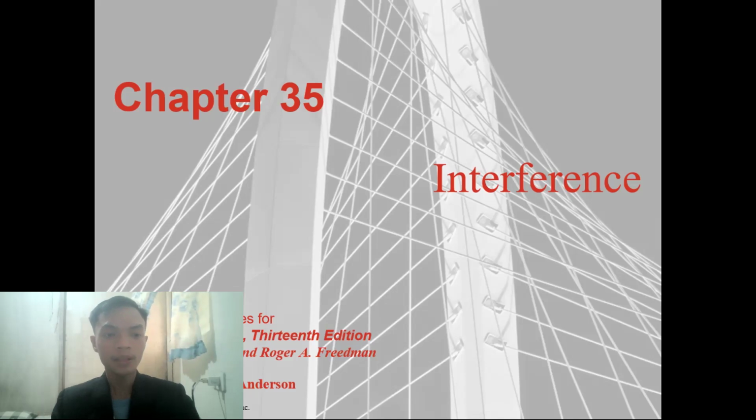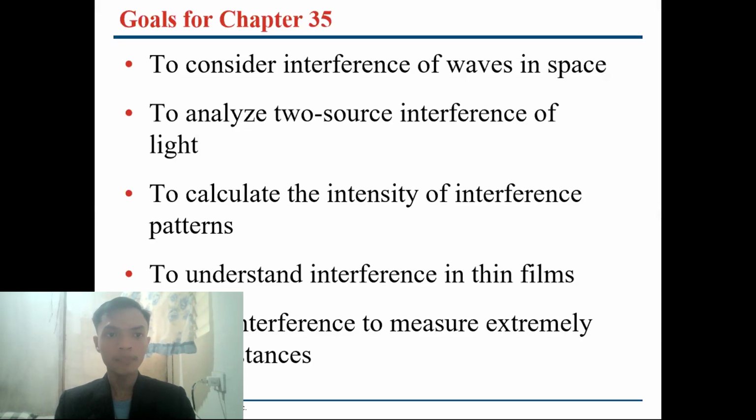This chapter is guided by the learning objectives. First is to consider interference of waves in space. Second is to analyze two-source interference of light. Third is to calculate the intensity of interference patterns.